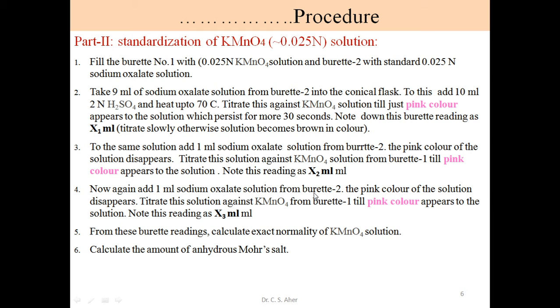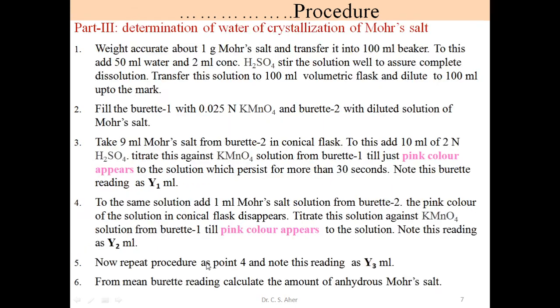Repeat the same procedure: add another 1 ml, the pink color disappears, titrate again till pink color appears. So in the same flask, with the same burette, we get 3 readings, x1, x2, x3. From these burette readings, calculate the exact normality of the KMnO4 solution and the amount of anhydrous sodium oxalate.